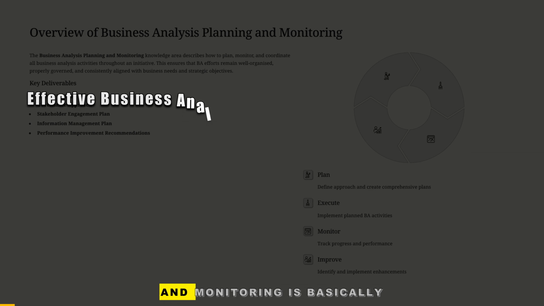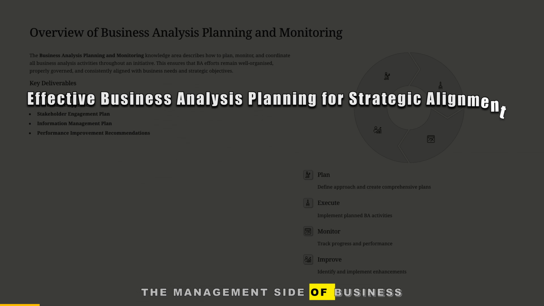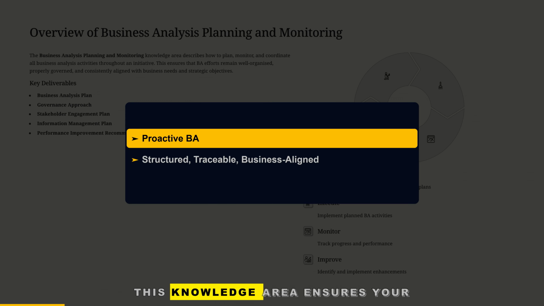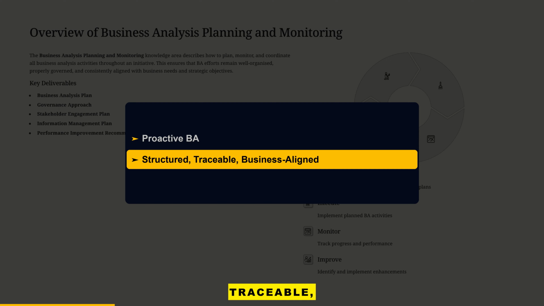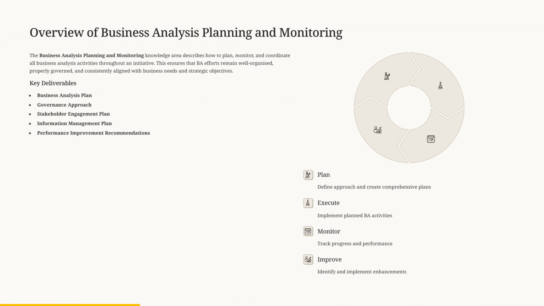Business analysis planning and monitoring is basically the management side of business analysis. This knowledge area ensures your work as a BA is not reactive, but structured, traceable, and aligned with business needs.